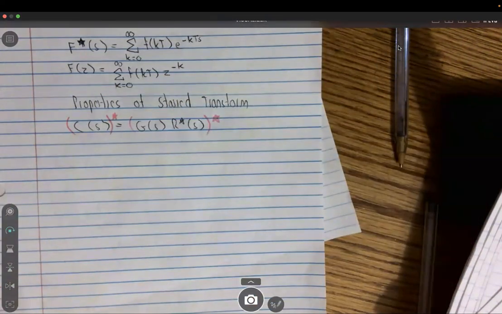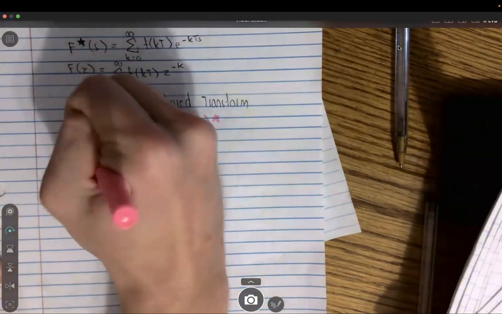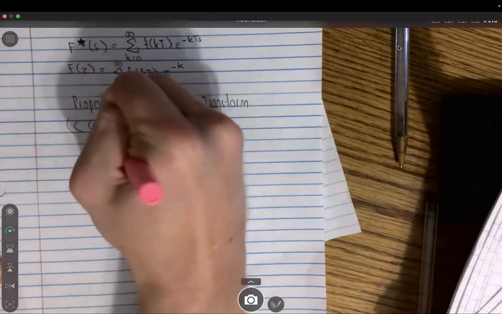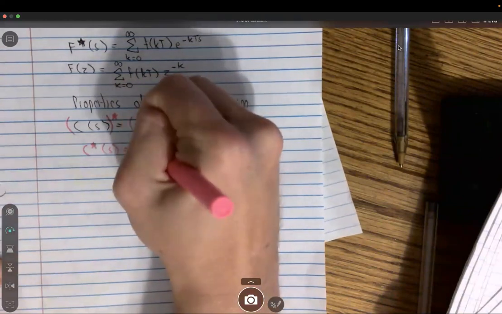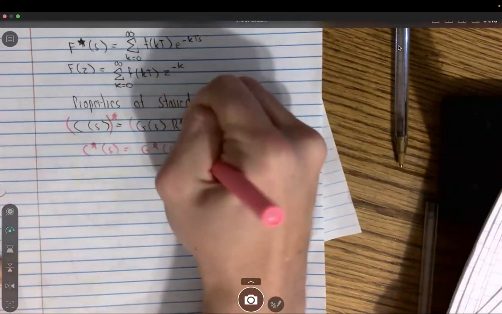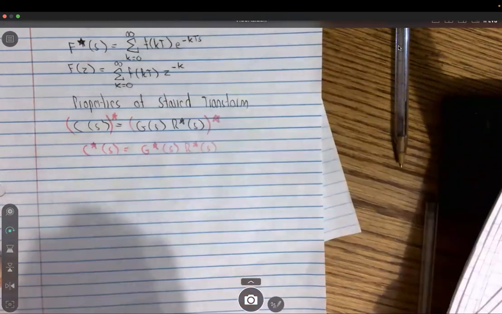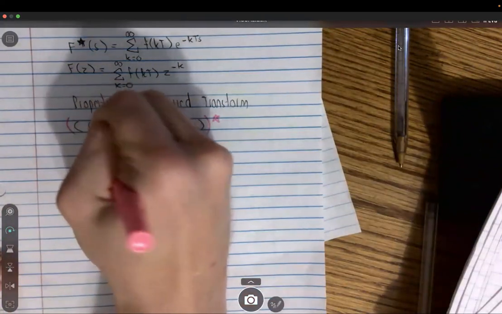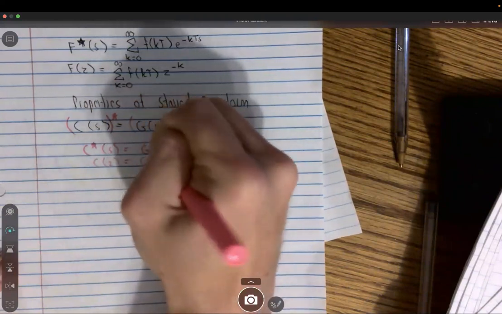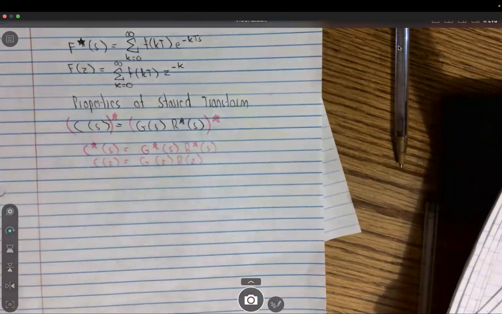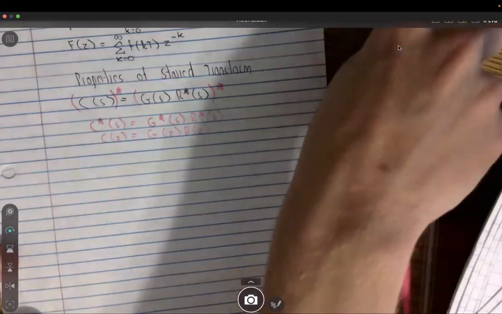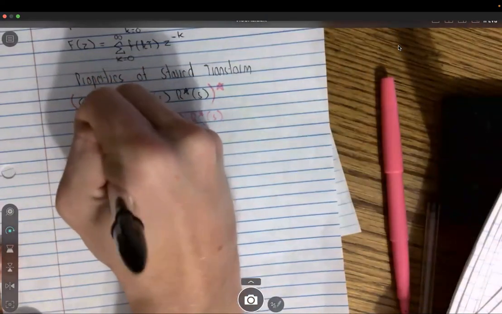And so if I'm going to star both sides of my equation, I'm going to get C star of S is equal to G star of S, R star of S. And then you can write that in terms now of your Z domain: C of Z is equal to G of Z, R of Z. So that's perfect, everything works correctly. And so that's one property of the star transform. Now let's look at another variation where you might have C of S.